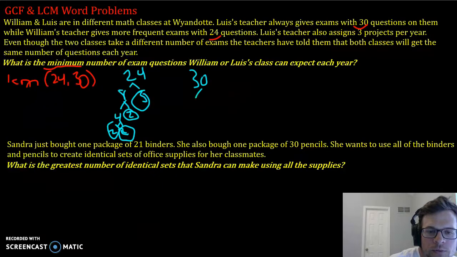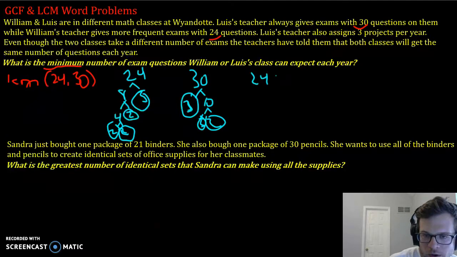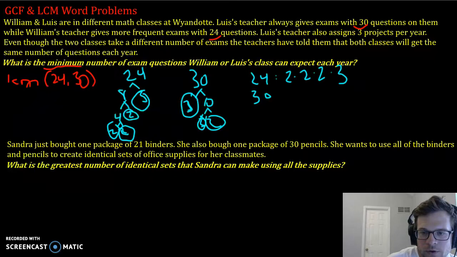Then in 30, we've got 3 and 10, 5 and 2. And both of those are prime. So in 24, 2, 2, 2, 3. And in 30, we have 2, 3, and 5.